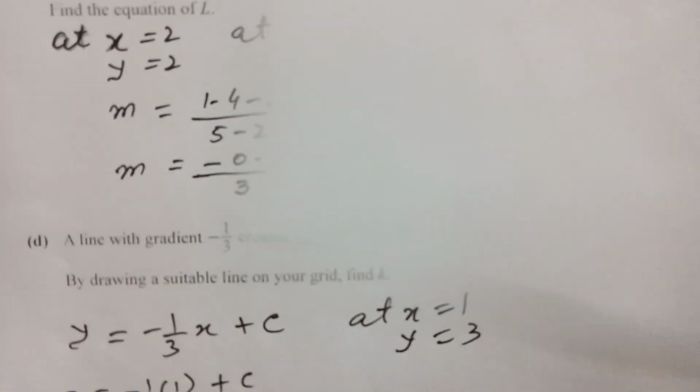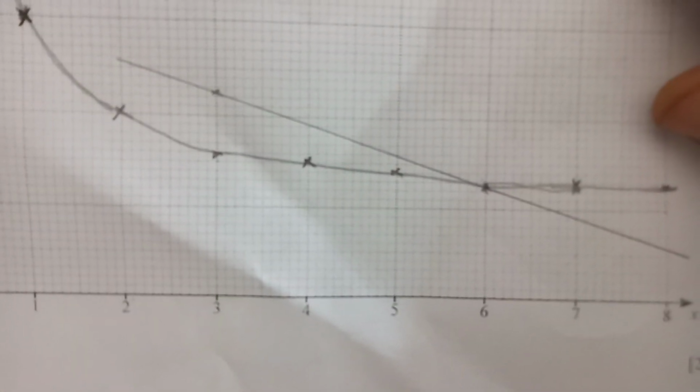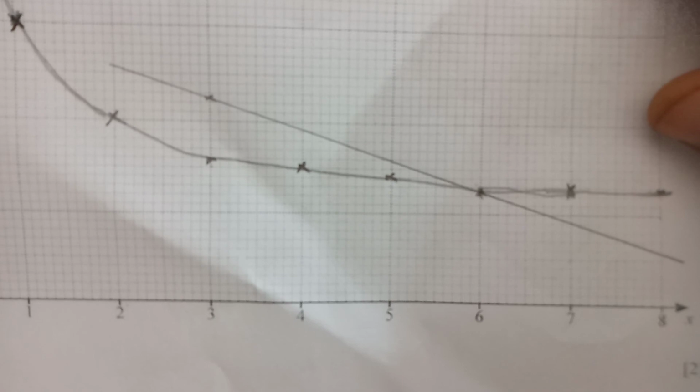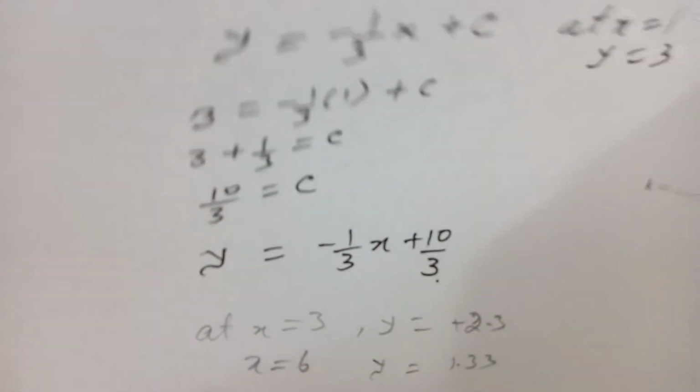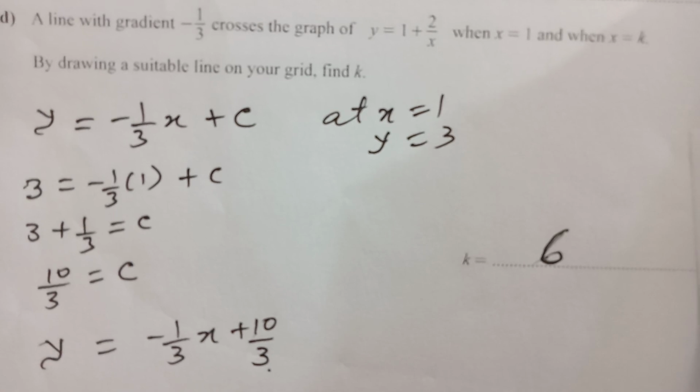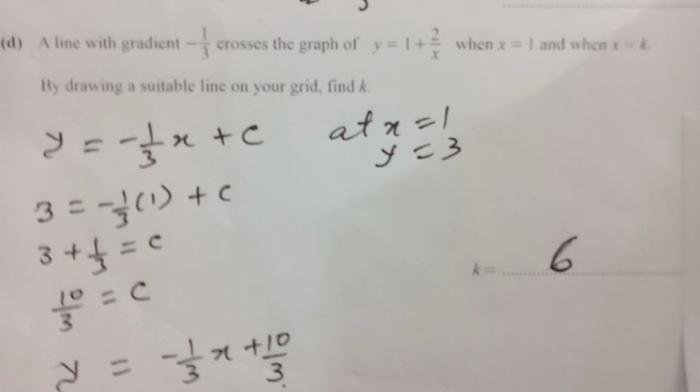This is 4. Sorry, this is 6. Opposite the intersecting point, the value of x is 6. You can see in the solution also I have solved this for the value of c mathematically and graphically I have proved this.